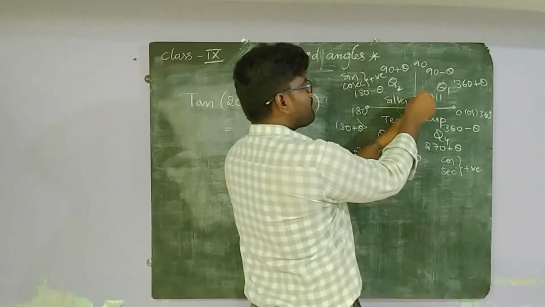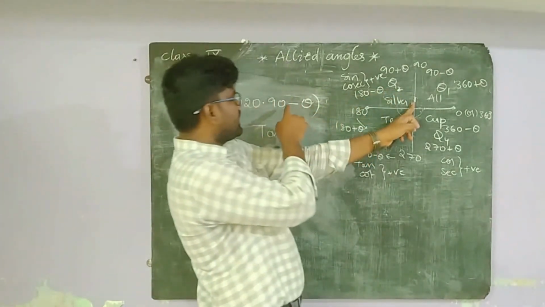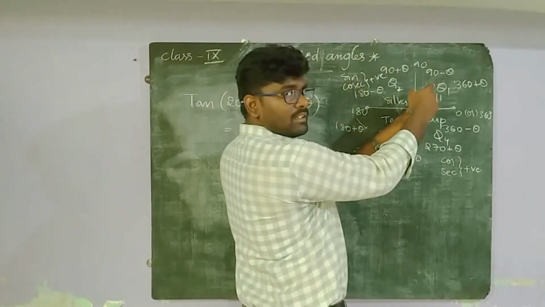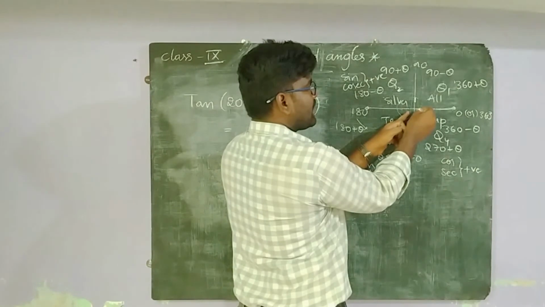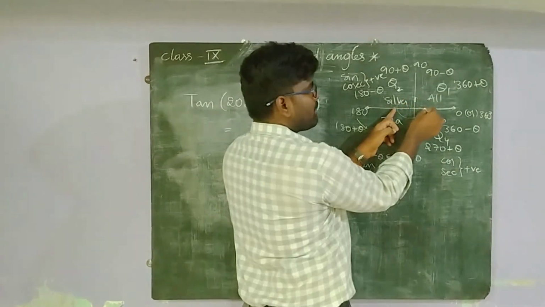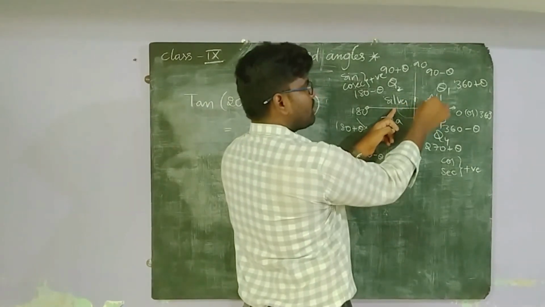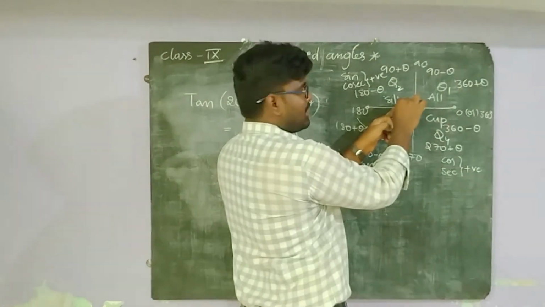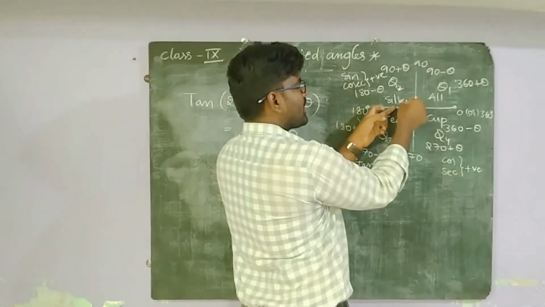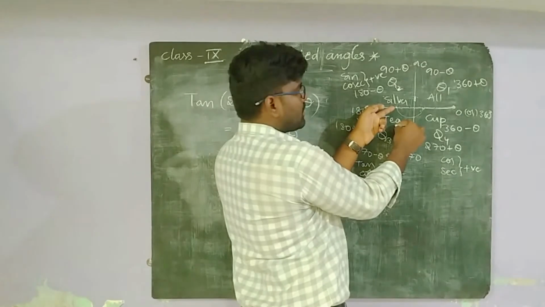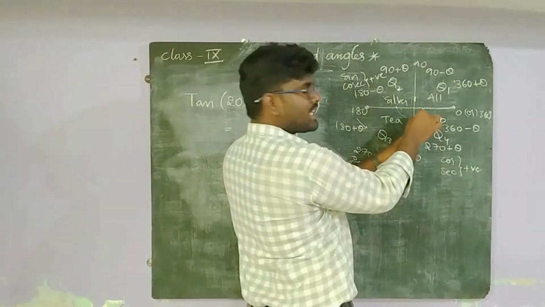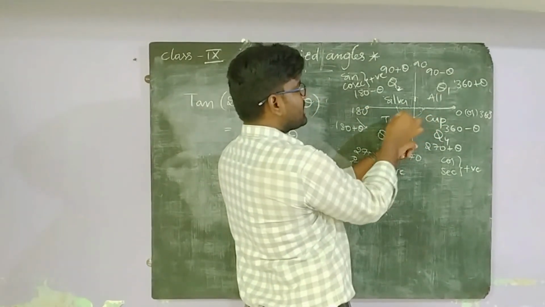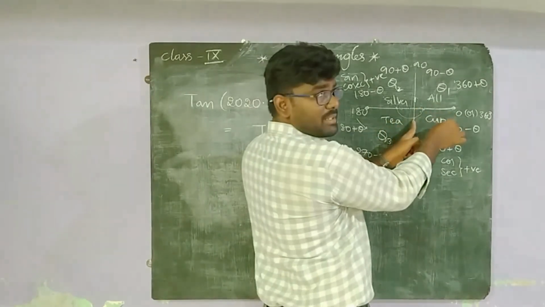With one 90, plus means the second quadrant, and minus means the first quadrant. For example, remainder 2: with two 90s, minus means the second quadrant, and plus means the third quadrant. In the same way remainder 3: minus means the third quadrant, plus means the fourth quadrant.